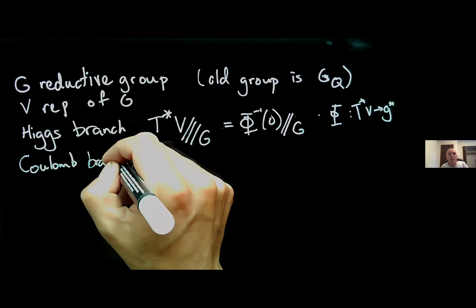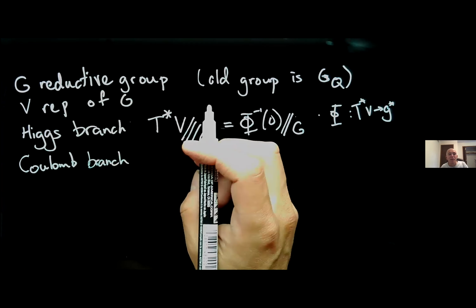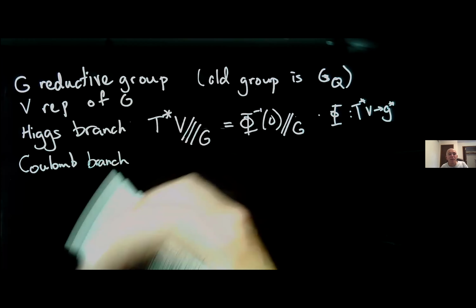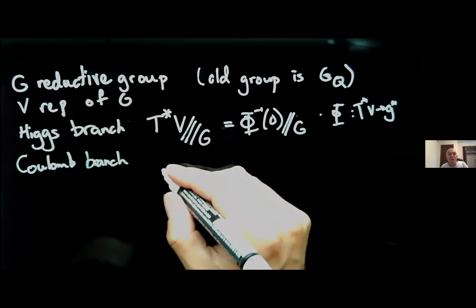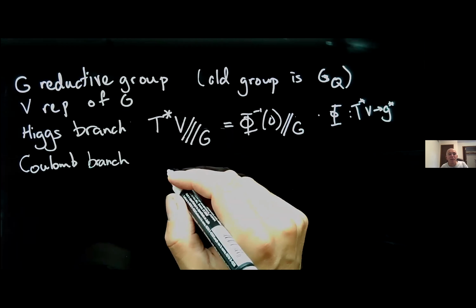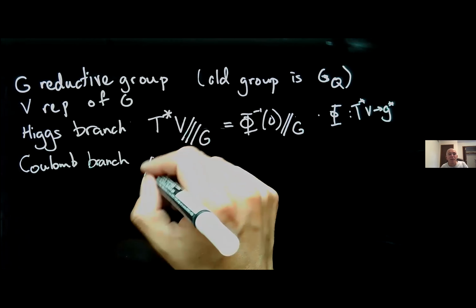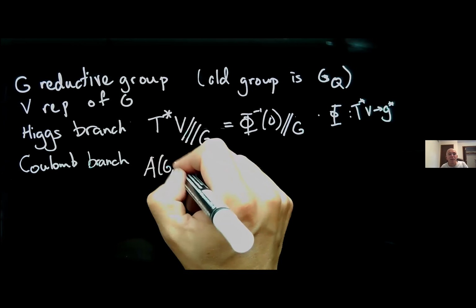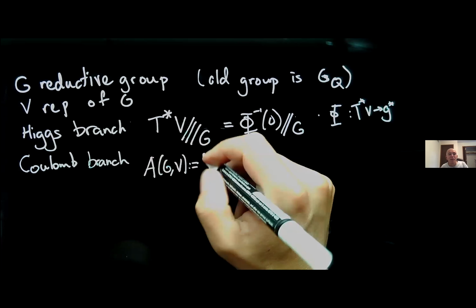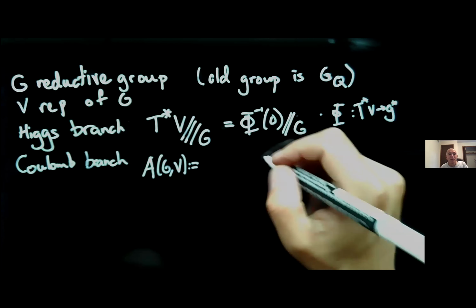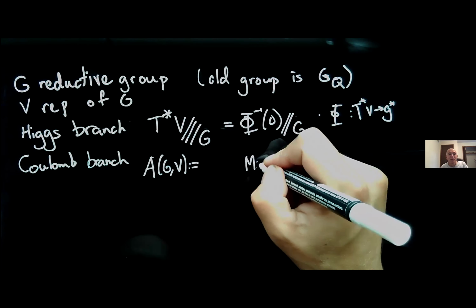This definition is due to Braverman-Finkelberg-Nakajima from almost 5 years ago now, based on work in the physics literature. First, I'll go straight to the non-commutative version. I'm going to call it AGV. It's defined as follows.